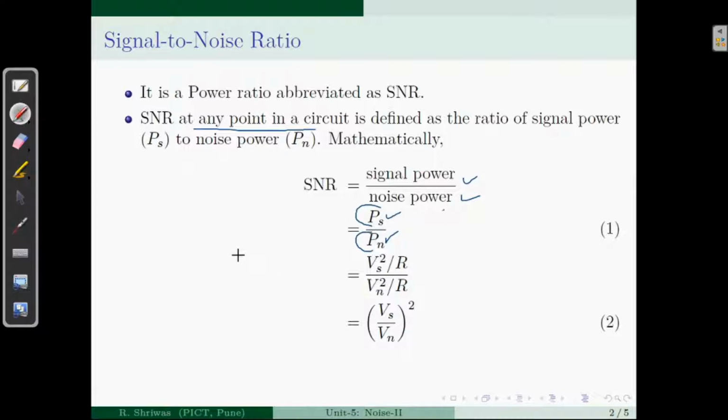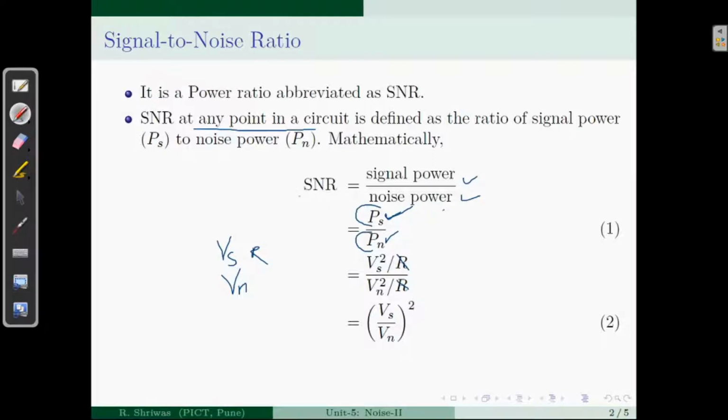Suppose the RMS voltage of signal at that point is Vs and the RMS noise voltage at that point in the circuit is Vn, and the circuit is offering resistance R, then the signal power can be written as Vs squared upon R. Similarly, Pn can be written as Vn squared upon R. R and R get cancelled, so we get Vs upon Vn the whole square.